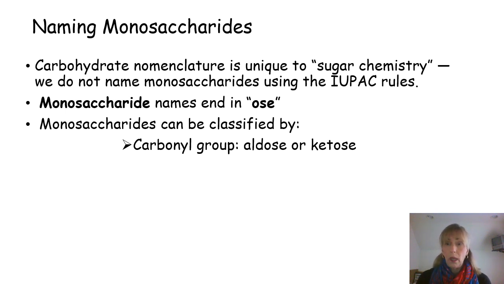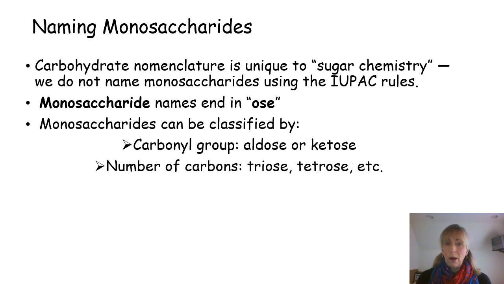They're also classified by the number of carbons that they contain. If they contain 3, they're called a triose. Tri meaning 3, ose, sugar. Tet for 4, ose, sugar, so four carbon sugar, etc., etc.